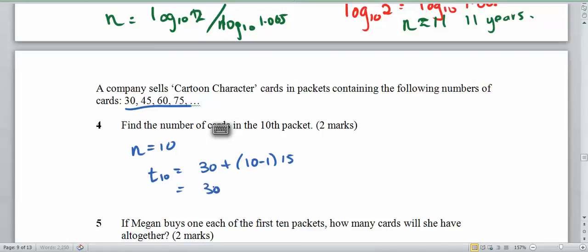So we've got 30 plus 9 times 15, which is 30 plus 135. So therefore, we've got 165 in our 10th packet.